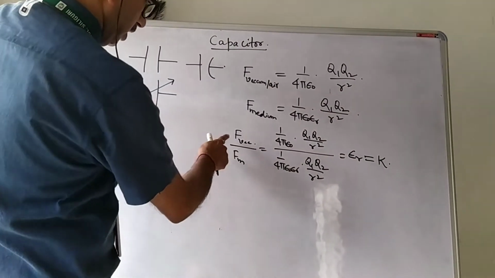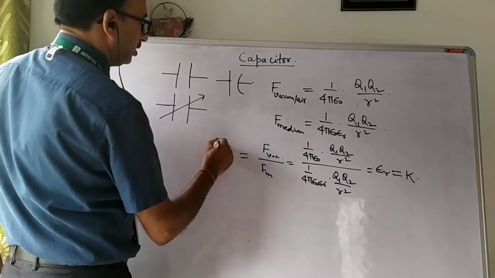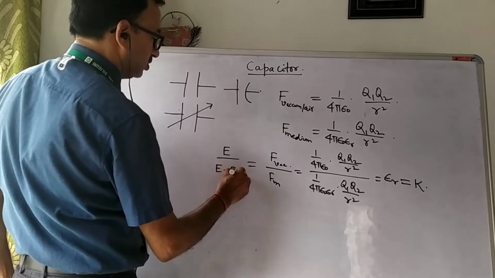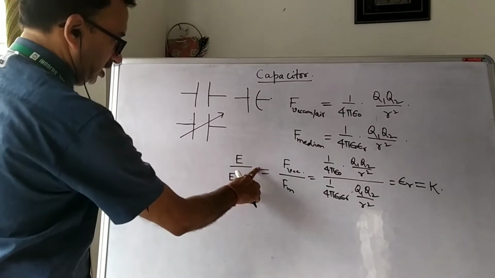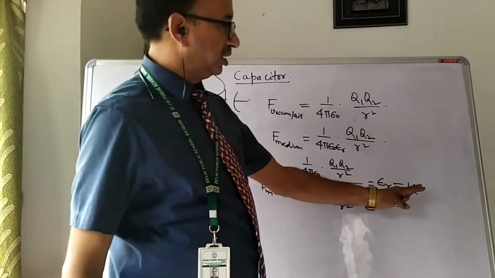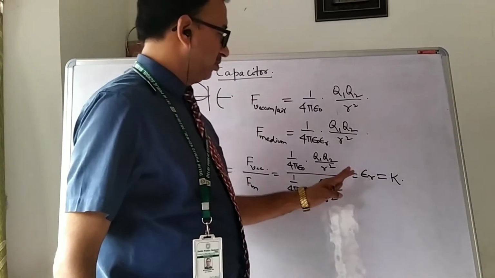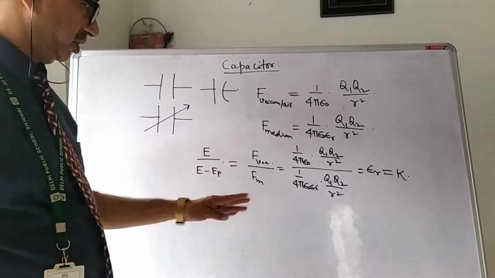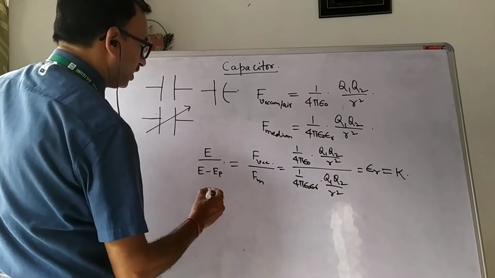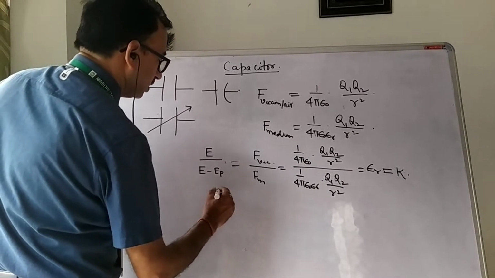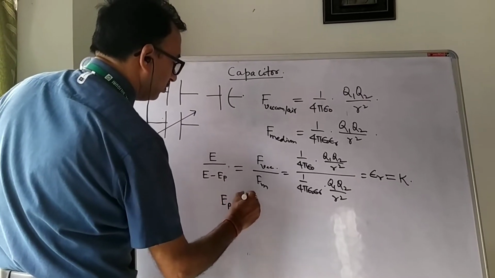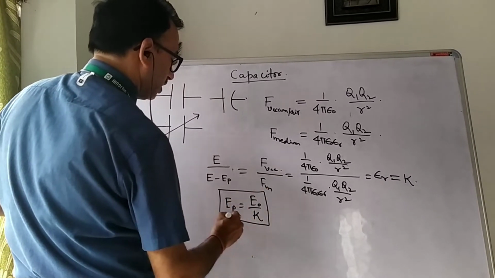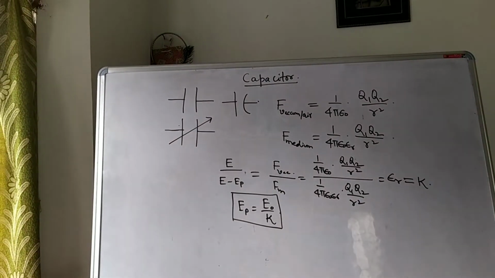You can also represent it by the electric field in the medium and the electric field that has been reduced due to the dielectric. So the dielectric constant K tells us how much the force or the electric field has been reduced. That means if there is a dielectric in a medium, then E will always be E naught by K. So the electric field will be reduced by K times.